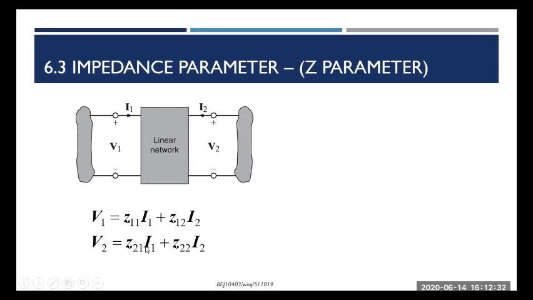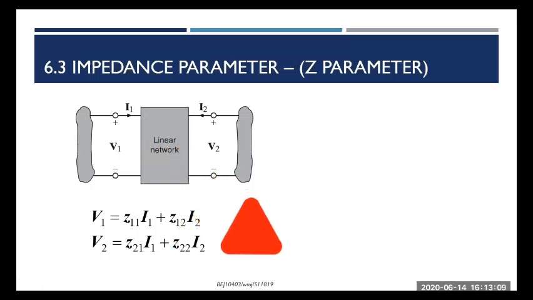So you can always relate this to the current from the input port and also the current from the output port itself. So this is actually Z11, Z12, Z21 and Z22. That is your Z parameter, which can relate your terminal voltage with the terminal current. V1 is the terminal voltage, which can be related to the terminal current I1 and the terminal current from terminal 2.